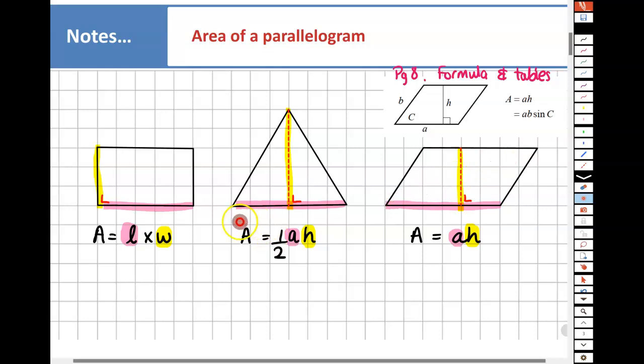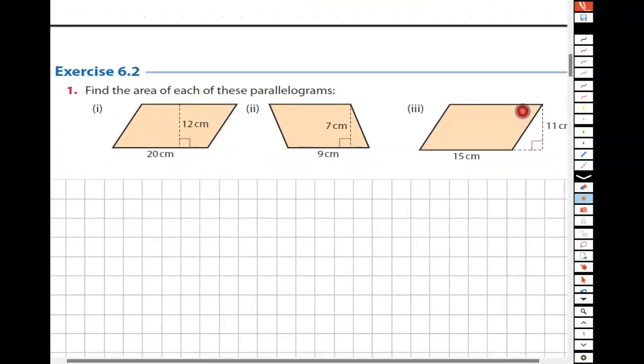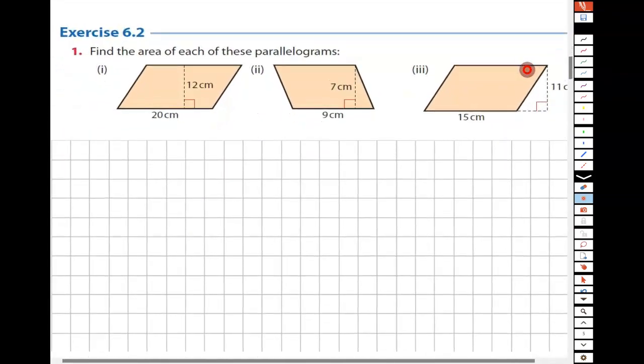So basically, very similar formula to the area of the triangle. We're looking for a base and a perpendicular height, but obviously this time we don't have the half because we want the two triangles that it's made up of. Okay, so I'll show some samples of work and then I will let you work away at those.